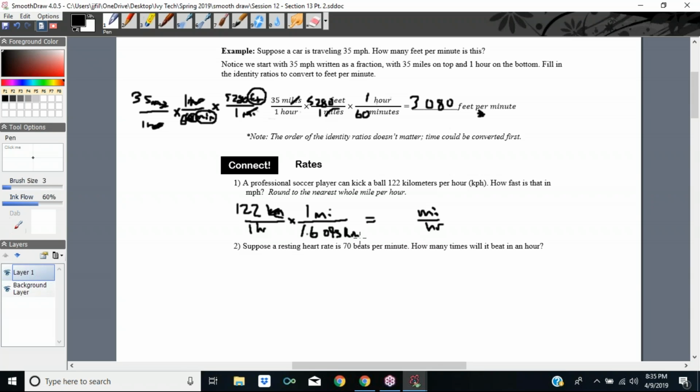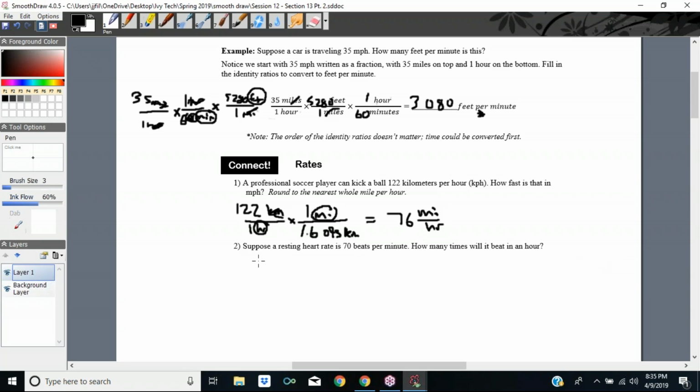Notice how the kilometers cancel out. We have miles on the top, hours on the bottom. We're all set and we're in business. So 122 divided by 1.6093, essentially 76 miles per hour. Looks like 75.8 if you take it out of decimal.